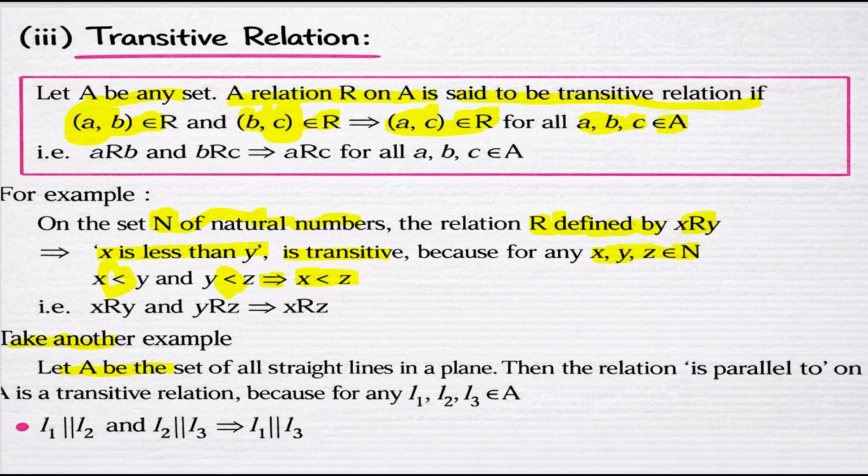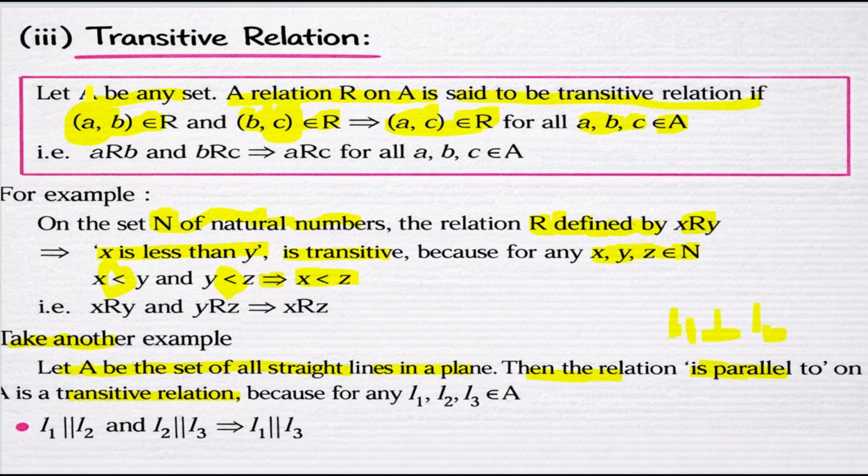Okay, I will take one more example here. Let A be the set of all straight lines in a plane. Then the relation 'parallel to', for example, L1 is parallel to L2, that is a relation; 'is parallel to' on a set A is a transitive relation.